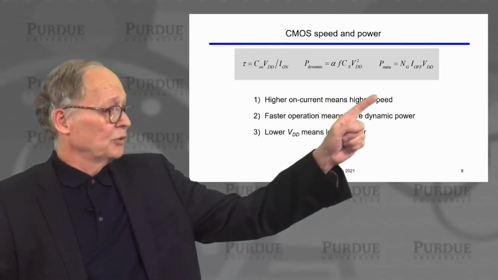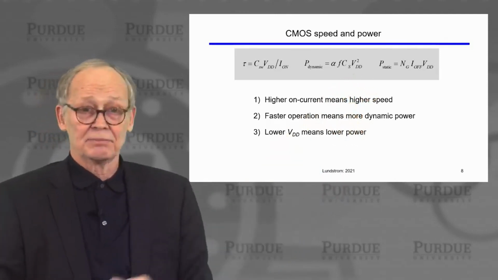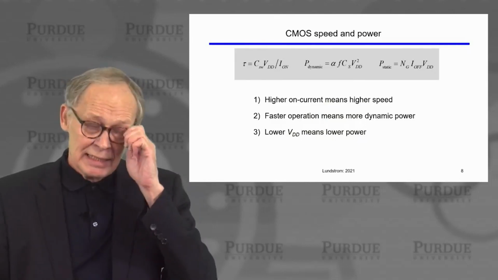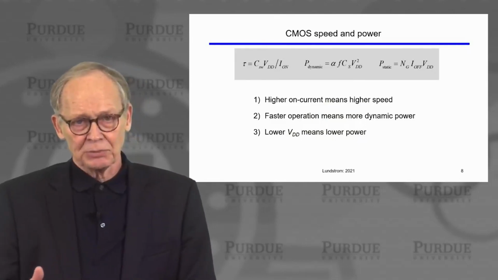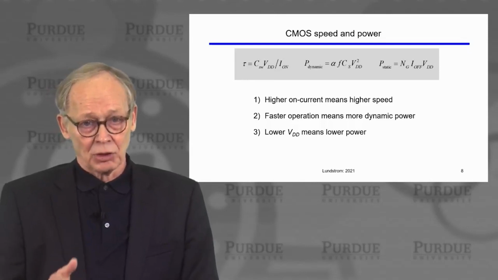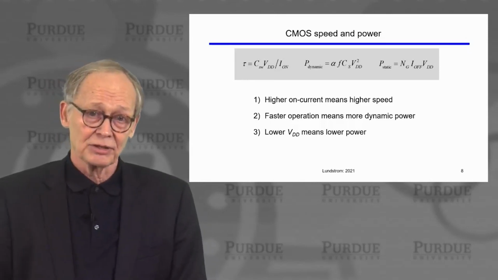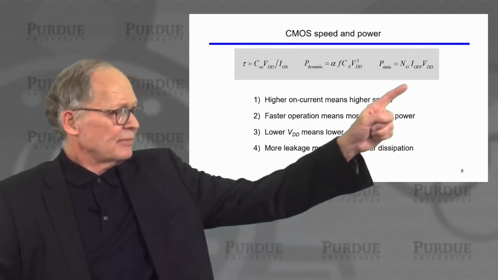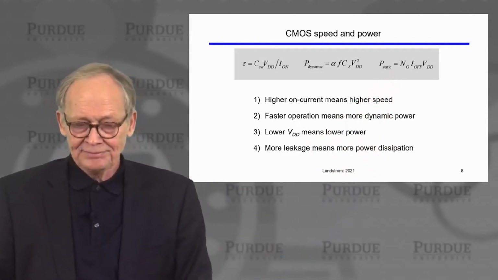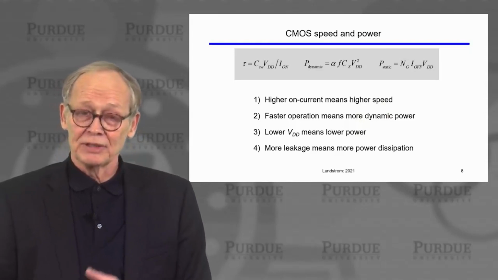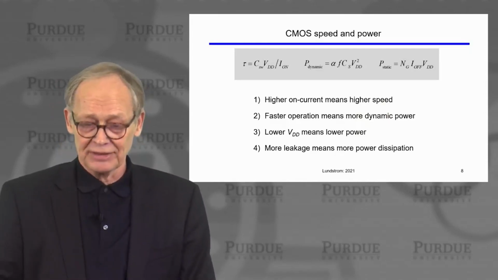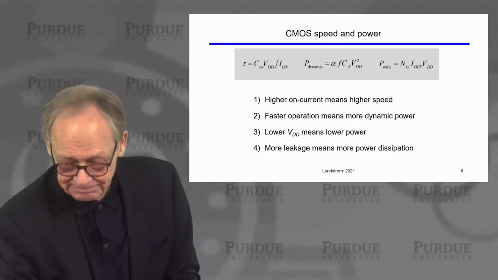But it's also important to notice that dynamic power goes as power supply voltage squared. And that's why over the years, power supply voltages just kept going lower and lower until today it's hard to make them go much lower. And finally, you should remember that when the devices are turned off, they still leak, and that leakage current leads to static power dissipation.